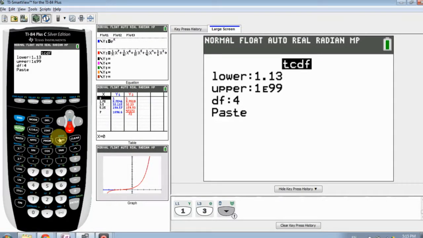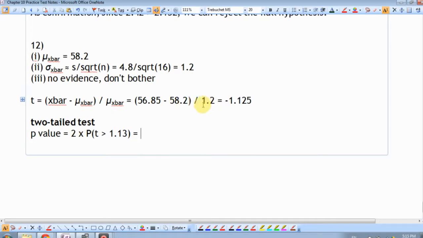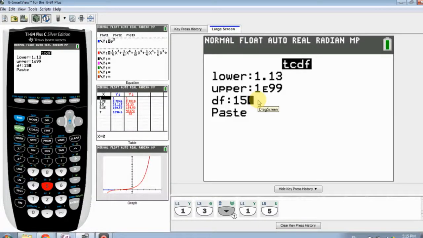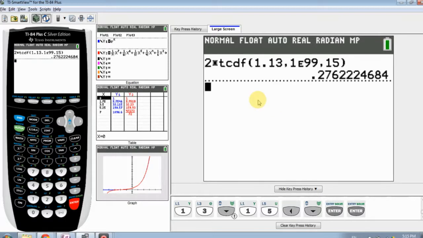How did you get 1.13? 1.13 was right here. That's negative. Right, we're changing it to positive because it's a two-tail test. Okay, 15. Let's paste that and calculate that.